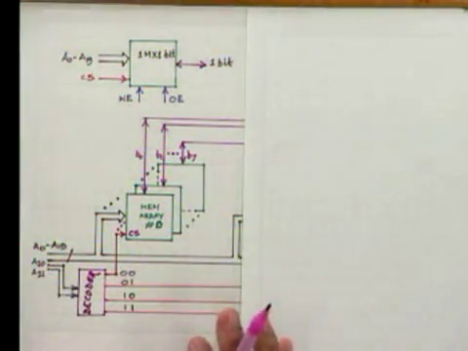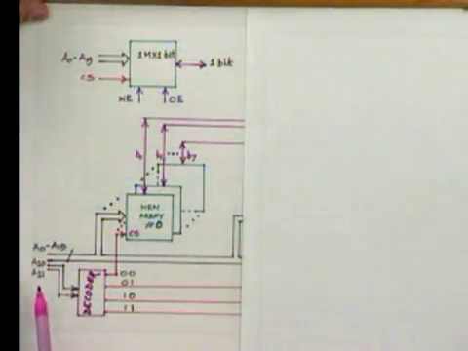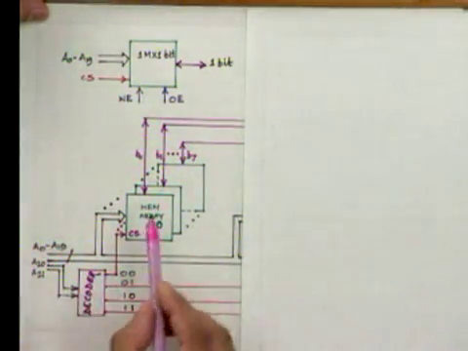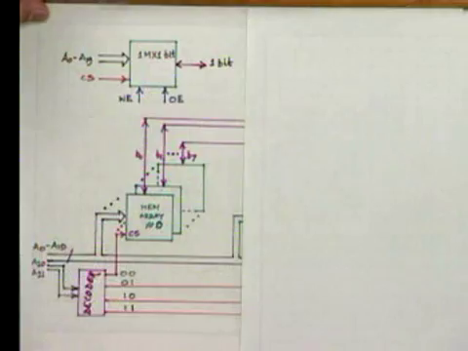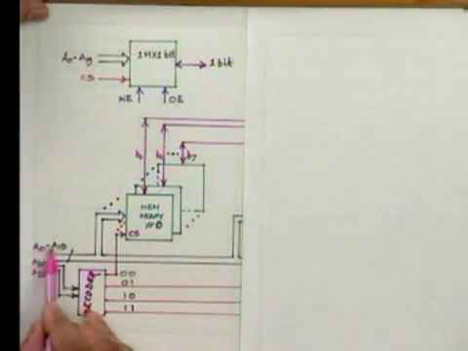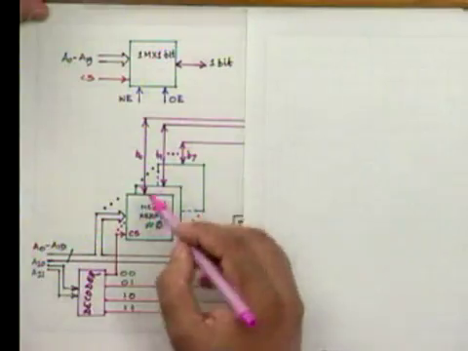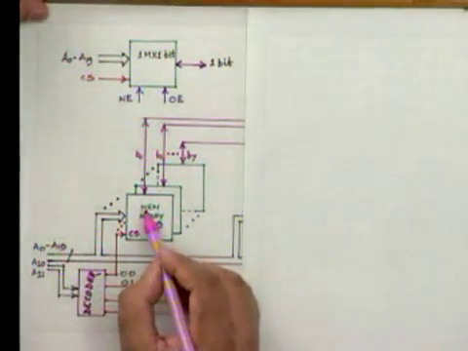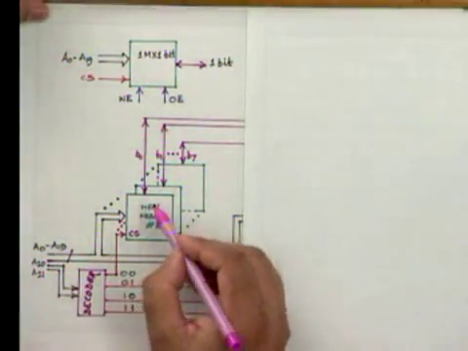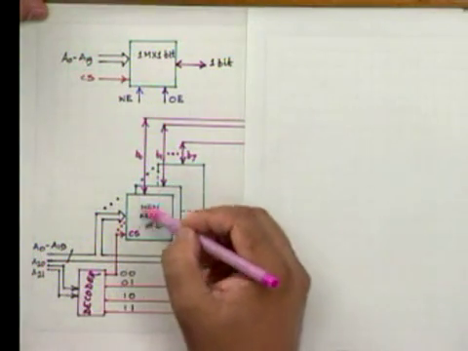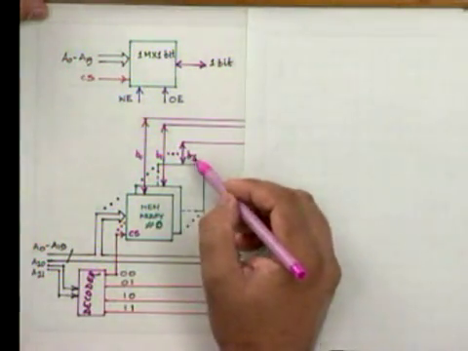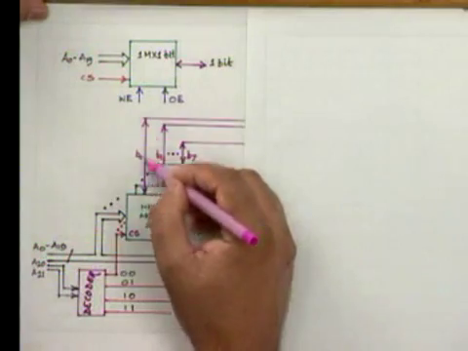Let me repeat what I'm saying: depending upon A20 and A21, if it is 0, 0, then the entire stack is selected, right? Say I am reading. In that case, depending upon A0 to A19, one cell in the same position in each of these planes will be output through these lines.